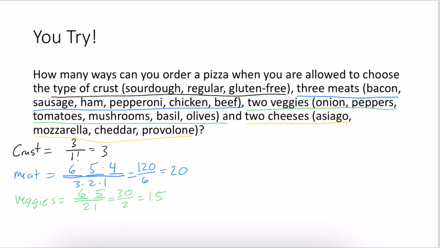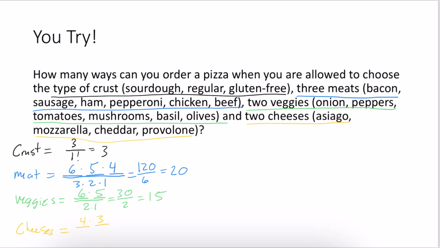And then the number of ways we can choose our cheeses would be, we are choosing 2 cheeses. So again, we have 2 events. There's 4 choices for the first cheese and then 3 for the second because we don't want to have 2 of the same cheese on it. And then it doesn't matter whether you choose mozzarella then cheddar or cheddar then mozzarella.